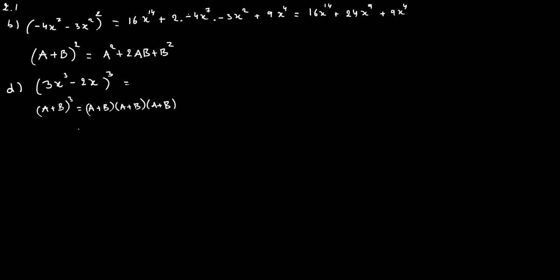Okay, so what's the general formula for this? You don't have to learn this by heart, but it's definitely good to know. So you get a to the power of 3 minus 3a squared b plus 3, and I have to be careful here, because this is actually in case of minus, so we have to do minus, and so these are all minus.